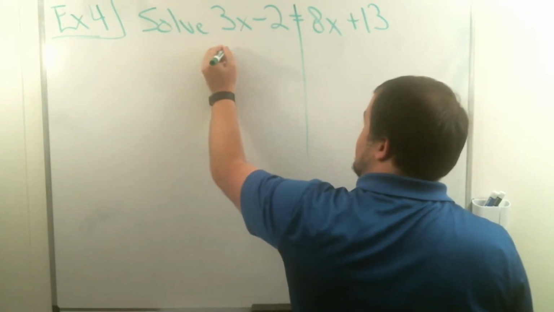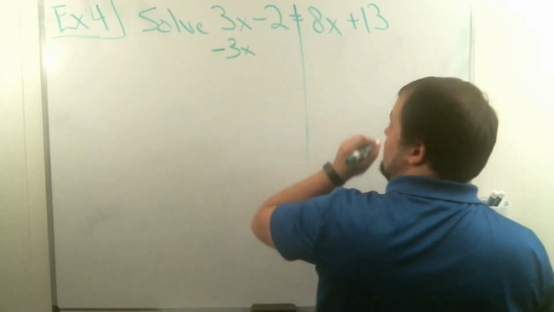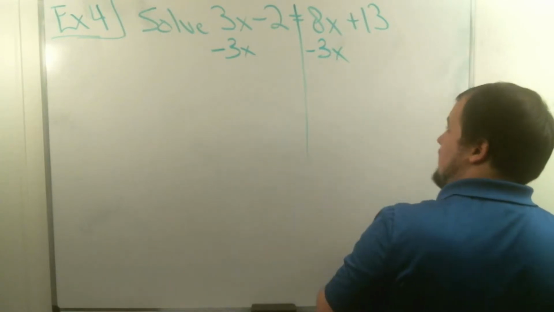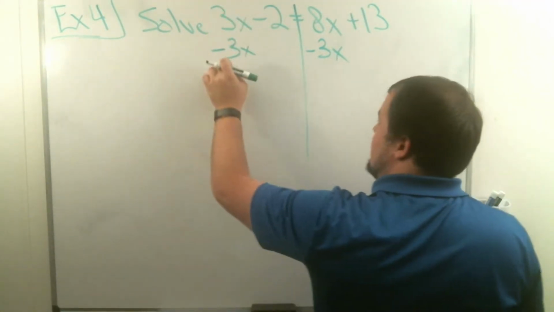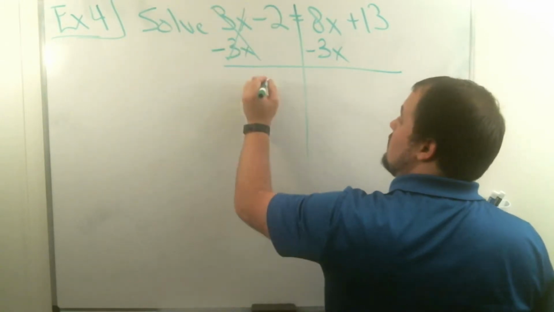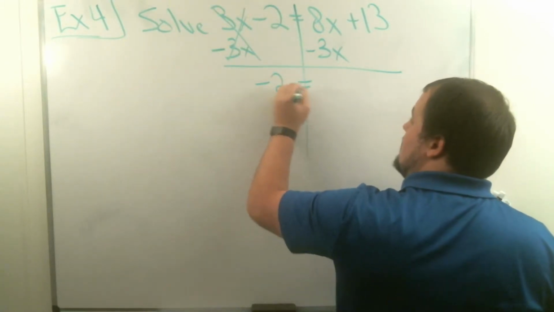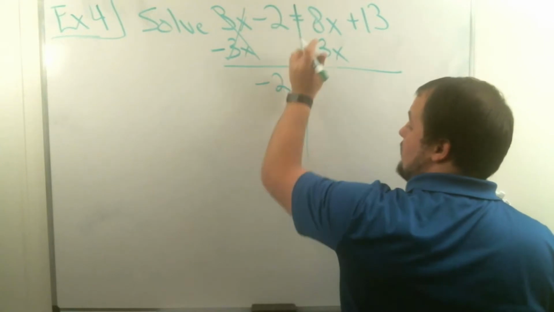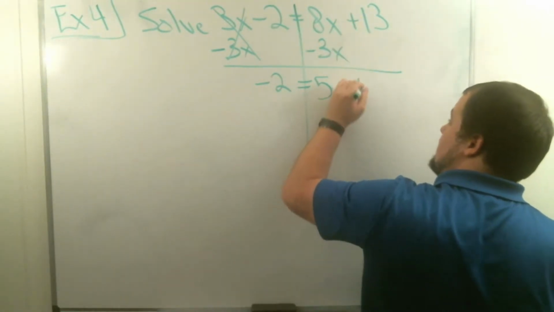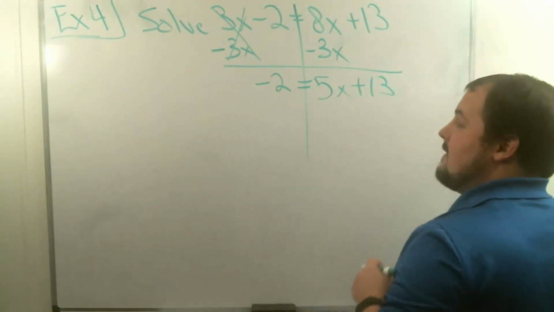Since that's a positive, I'm going to make it negative. And if I make it negative on one side, I make it negative on the other side. 3x's take away 3x's, that's no x's. We still have negative 2 equals 8x's take away 3x's, that's 5x's. We still have 13, just drop that down.